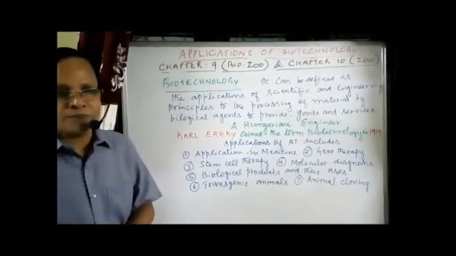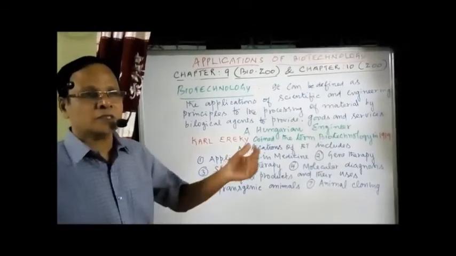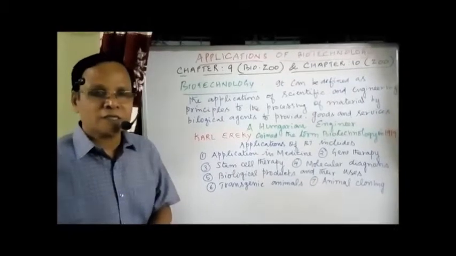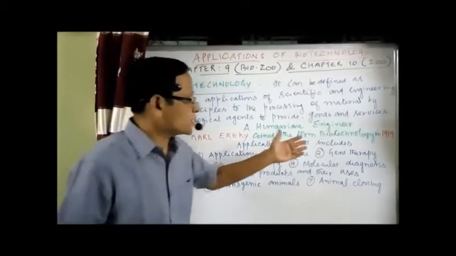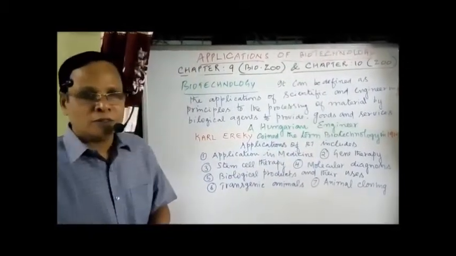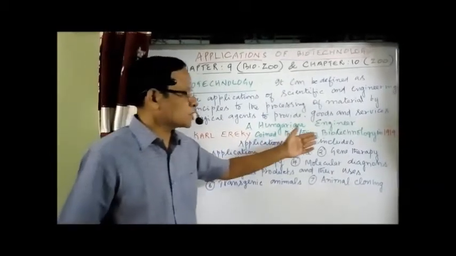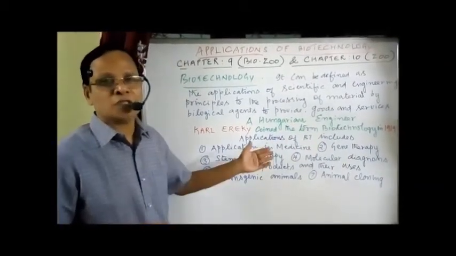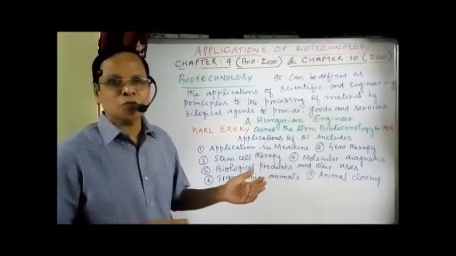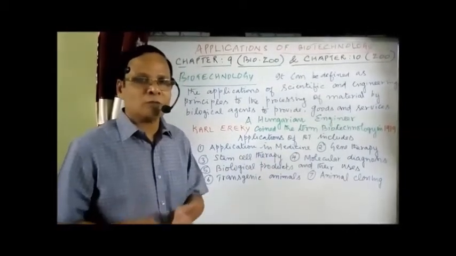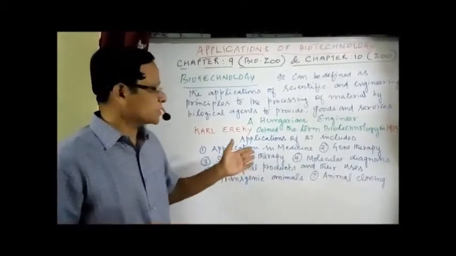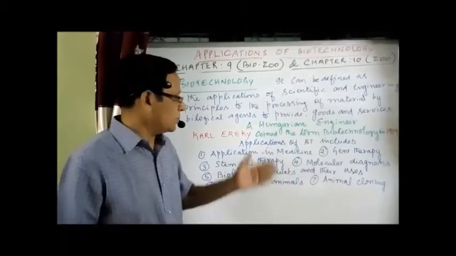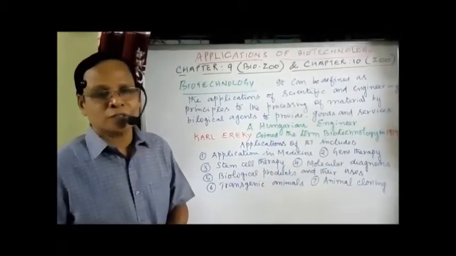Now this lesson includes the applications of biotechnology in various fields. The applications of biotechnology include number 1, applications in medicine. Number 2, gene therapy; we will discuss one by one. Number 3, stem cell therapy. Number 4, molecular diagnosis.